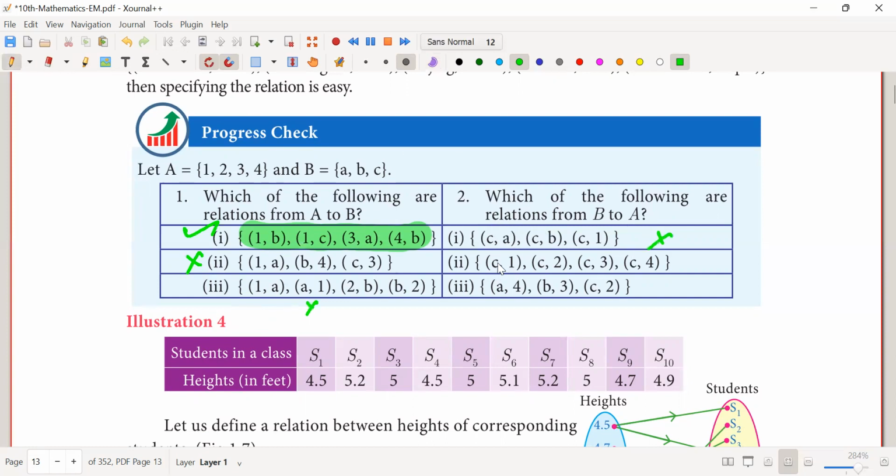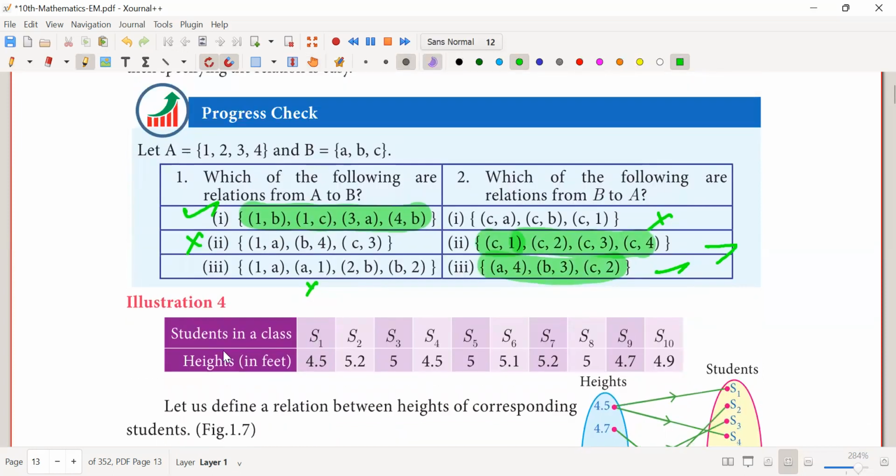Then C to 1, okay. C to 2, okay. C to 3 is okay. C to 4 is okay. Good. Then A to 4, okay. B to 3, okay. C to 2, okay. So these are fine. When we check the result, we will definitely get the answers.